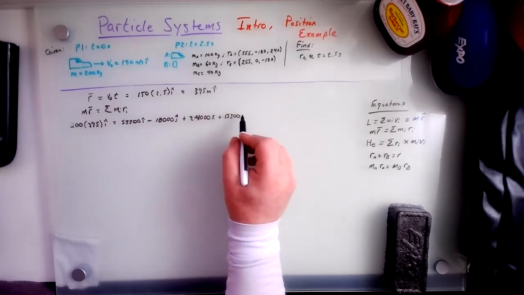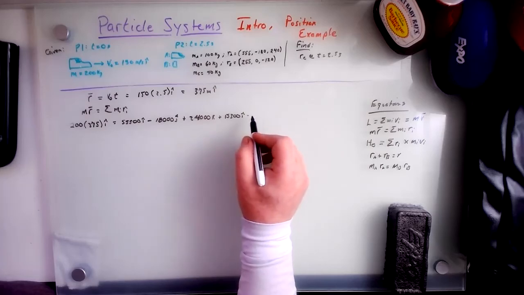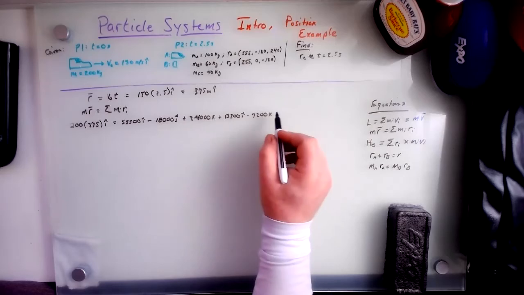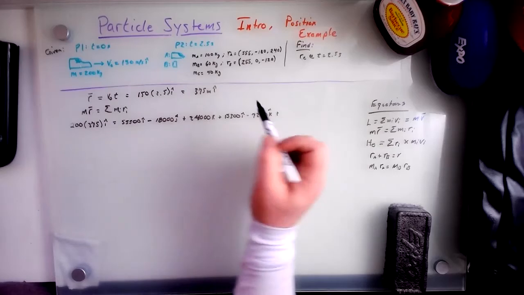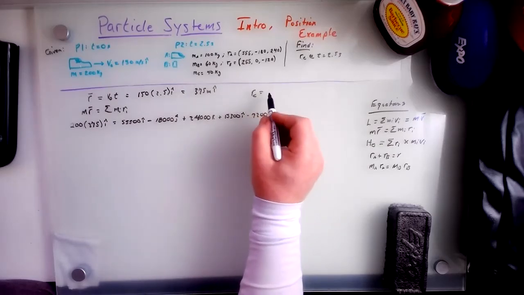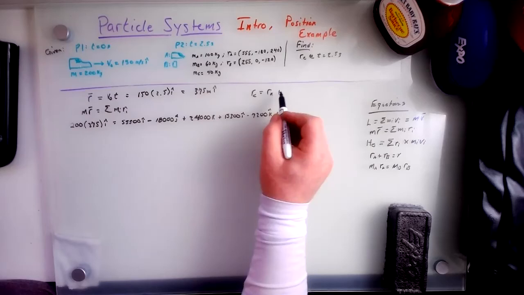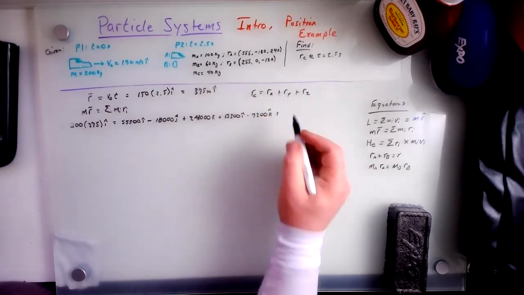153 100 I minus 7,200 K, and then we bring in our C component. It's going to be 40, and let's make R_C equal to R_x plus R_y plus R_z, just to make it easy for us.